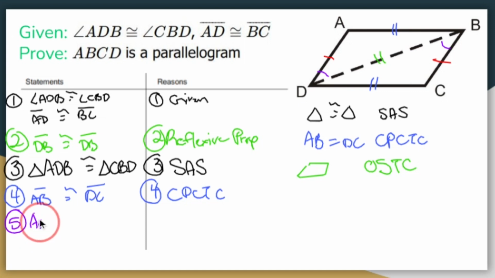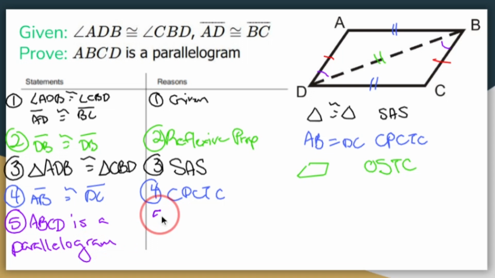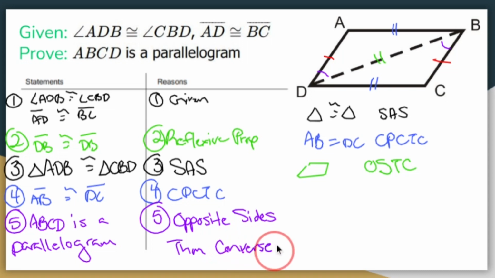Therefore, ABCD is a parallelogram. And the reason for that is the opposite sides theorem converse. Of course, what the opposite sides theorem converse says is the opposite.